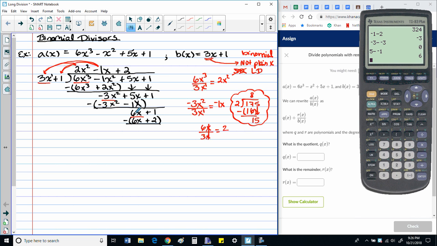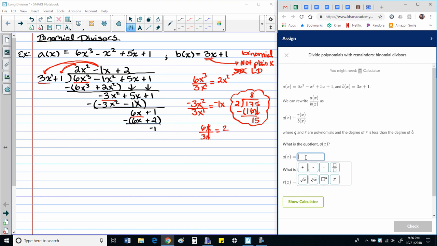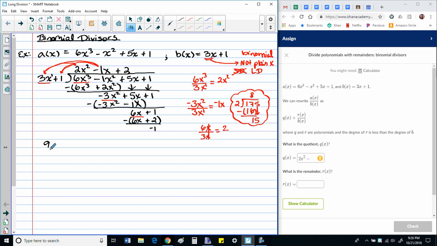And I'm going to put subtraction, parentheses. And now 6 minus 6 is 0. 1 minus 2. And you get negative 1. Okay, now x can't go into that, so that's your remainder. So my q of x is 2x squared minus, and remember we don't write the 1 for the coefficient, so if I was going to write this down, I would just write q of x, and we probably should just in your notes.